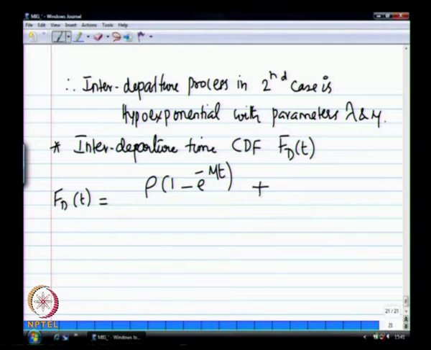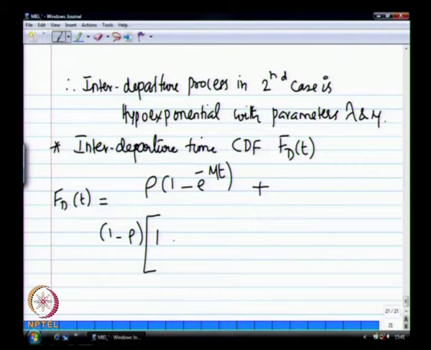Then this is 1 minus mu into... this we will have to go back and check, right. So 1 minus lambda 1 divided by, or 1 minus lambda 2 by lambda 1 plus lambda 2 e power minus lambda 1 of t and so on, right. We can go back and refer to that.